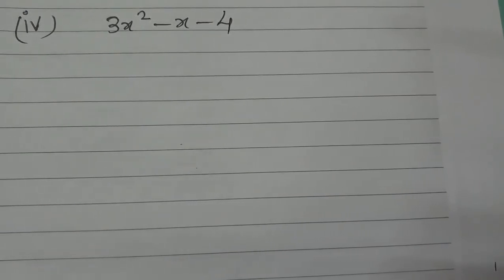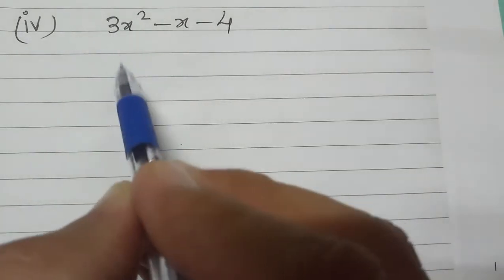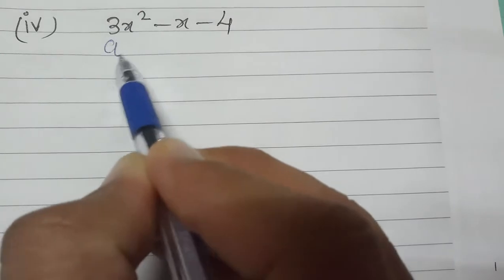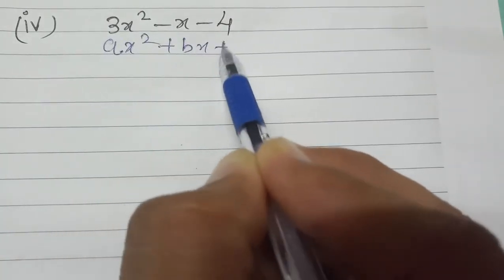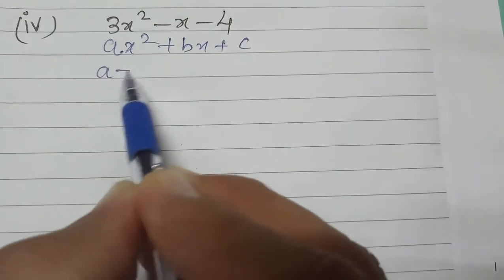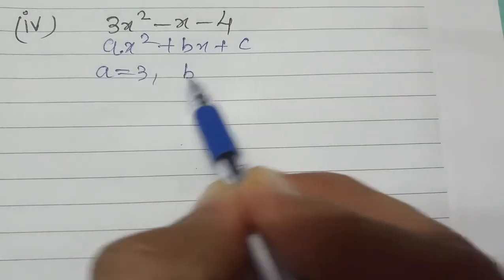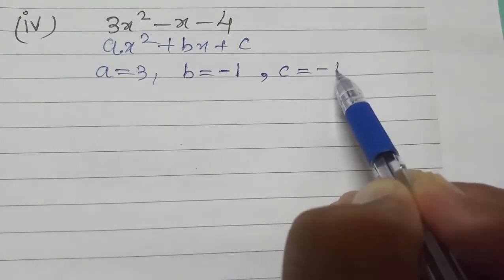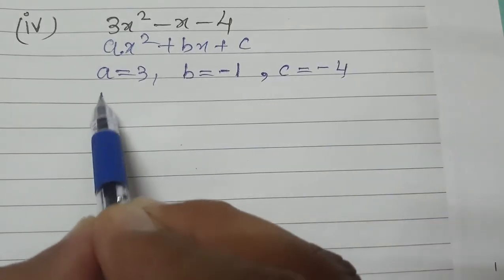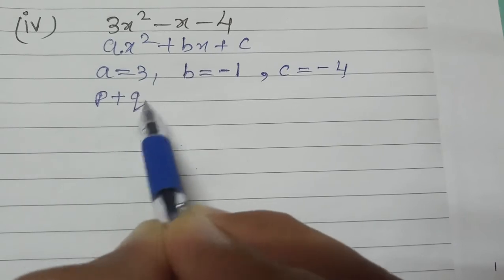Now see this one, children, the fourth part: 3x square minus x minus 4. Again, ax square plus bx plus c. a is 3, b is minus 1 and c is minus 4. So we need two numbers.